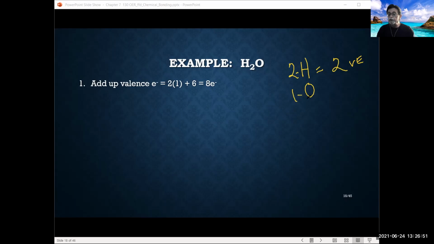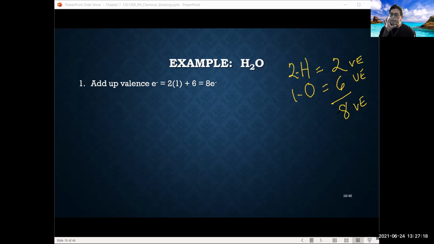And oxygen is in group 6 of the periodic table. We don't have to memorize it, just find its position and find its group. That tells you that there are 6 valence electrons around oxygen that oxygen brings to the table. So we have a total of 8 valence electrons.